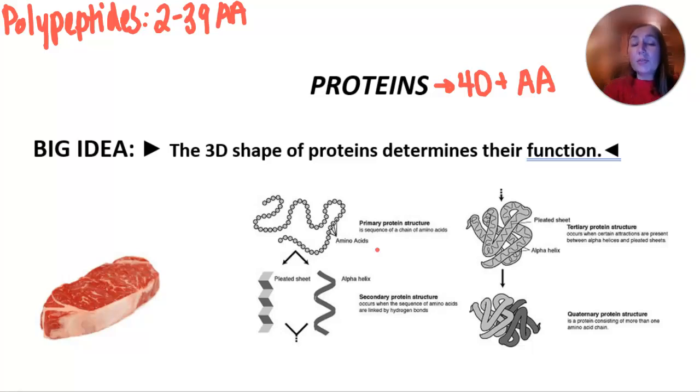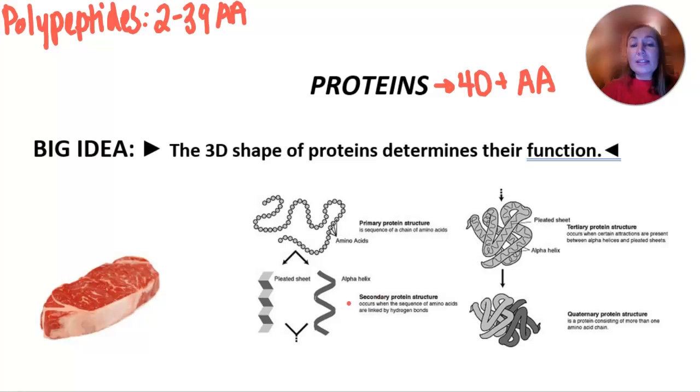The primary structure of proteins is the sequence of a chain of amino acids, and each amino acid is represented as a little circle here. So instead of writing out the whole structure, sometimes we abbreviate that whole complex structure as just a circle for the amino acid. And then we connect them end to end like a little amino acid snake, essentially, to show that proteins are a polymer of these amino acids.